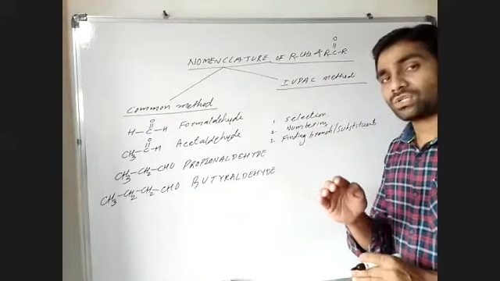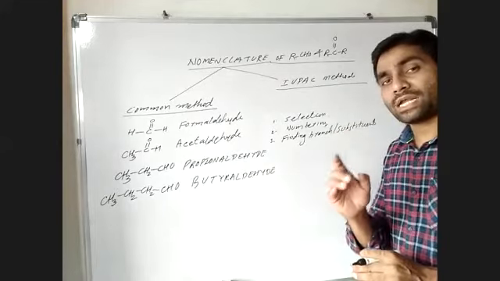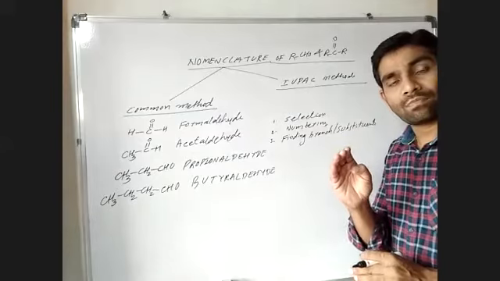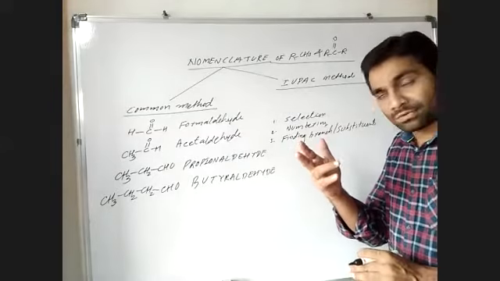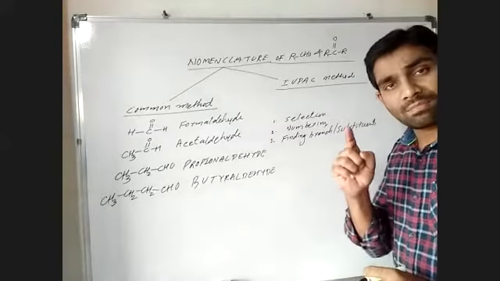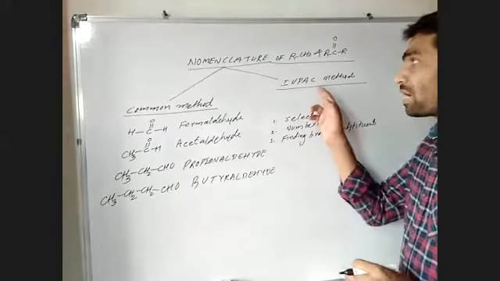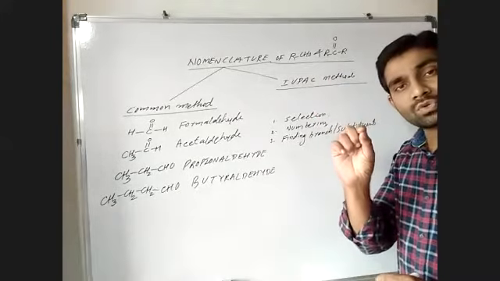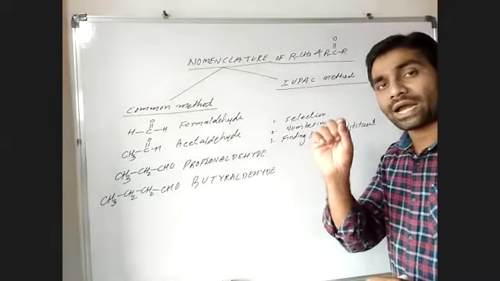After the selection of the longest continuous carbon chain having the functional group, you have to go for numbering the carbon. And remember, we are dealing with aldehyde, so number one always goes to the aldehydic carbon.